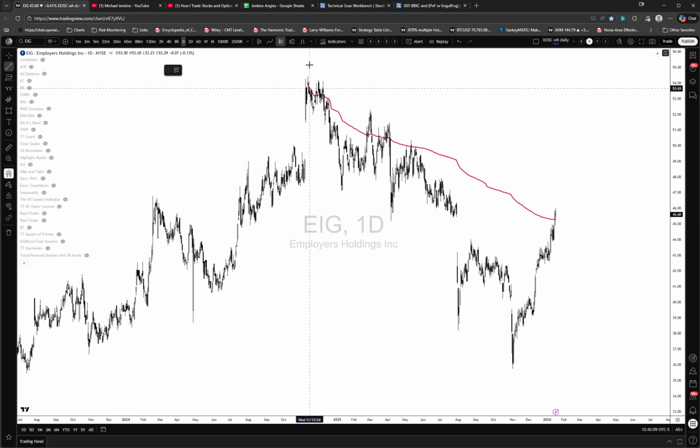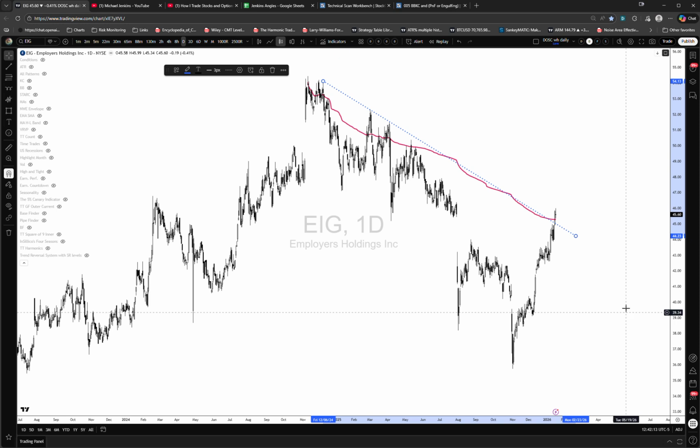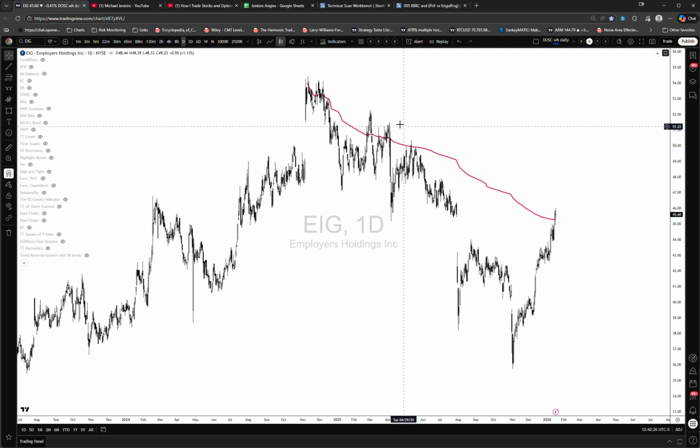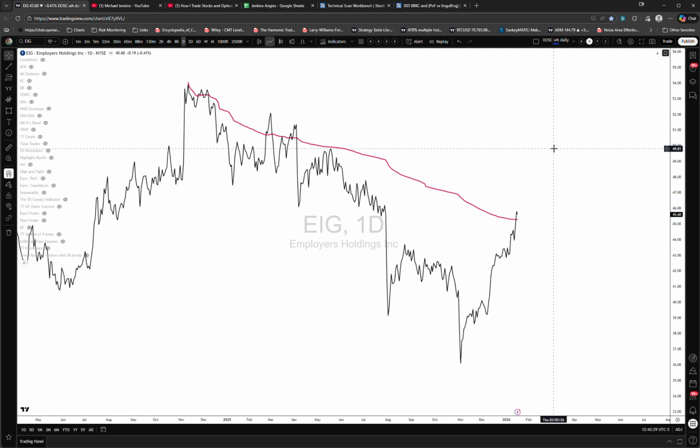I like VWAPs more than static fixed and descending angles, but you kind of look for the break above both. So that looks interesting to me. Now let's grab our price levels.